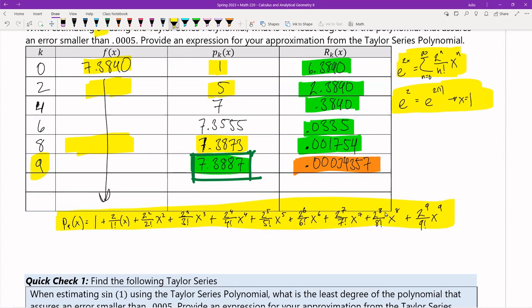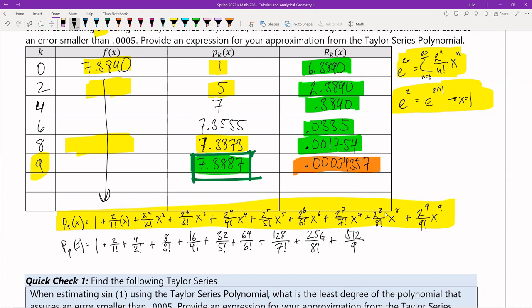So if we plug in 1 for x into this polynomial, we get P9: 1 plus 2 over 1 factorial plus 2 squared, that is 4 over 2 factorial, plus 8 over 3 factorial, plus 16 over 4 factorial, plus 32 over 5 factorial, plus 64 over 6 factorial, plus 128 over 7 factorial, plus 256 over 8 factorial, plus 512 over 9 factorial.